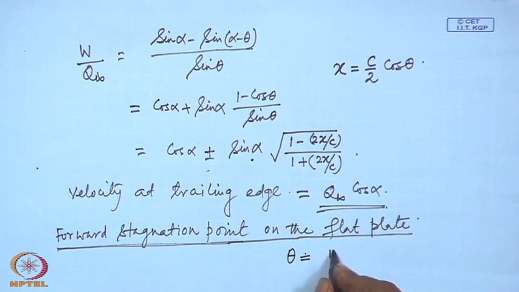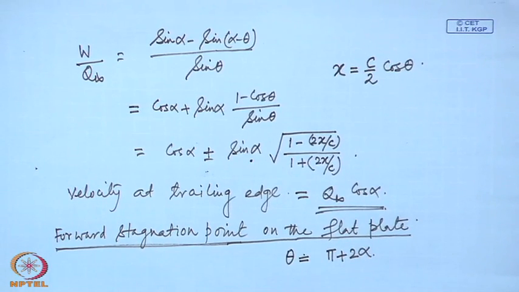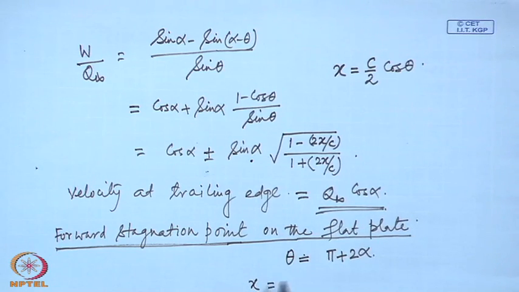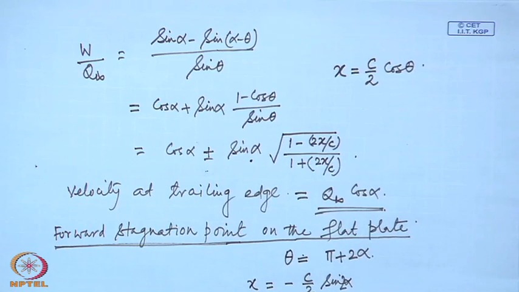Theta equal to pi plus 2 alpha, theta equal to pi plus 2 alpha. Or in terms of x it will be, with sin 2 alpha, in terms of x it is minus c by 2 sin 2 alpha. This is obviously on the lower surface.